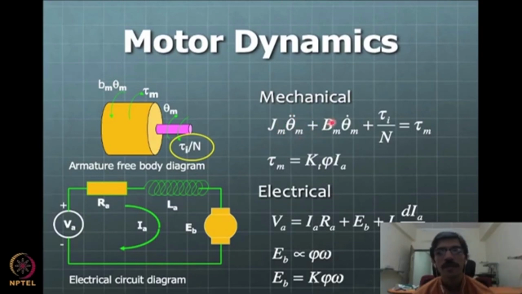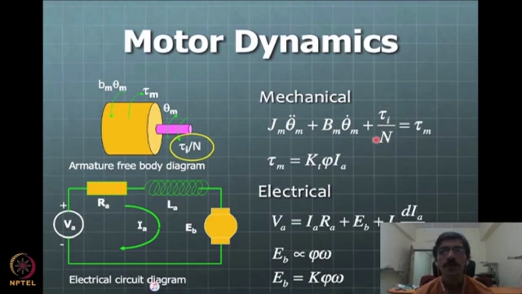Then Bm theta m dot is the resisting torque because of some kind of bearing friction, viscous friction in the bearing. And then if you are applying some additional load on the motor, there is some gearbox also. The load is not directly applied on the motor shaft, but through a gearbox which has n as the gear ratio.